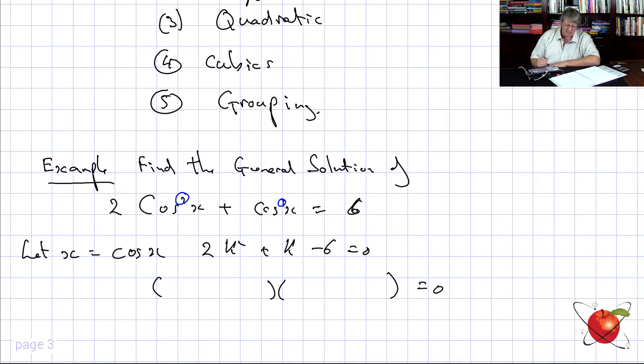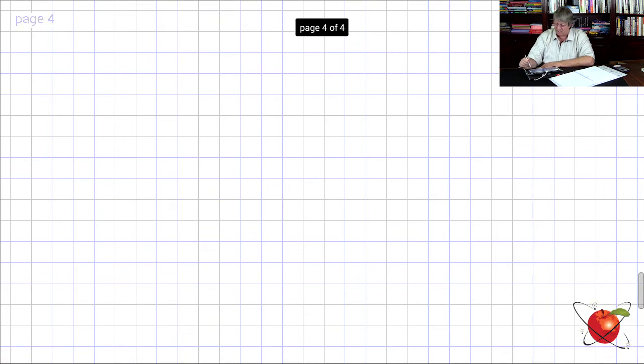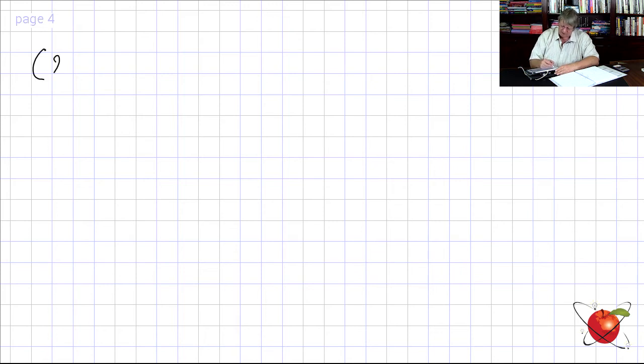You'd have 2k minus 3, and you'll have k plus 2 over there, all right? It's better to get used to factorizing it directly, okay? And if you factorize it directly, you are going to get 2 cos x minus 3 and cos x plus 2.